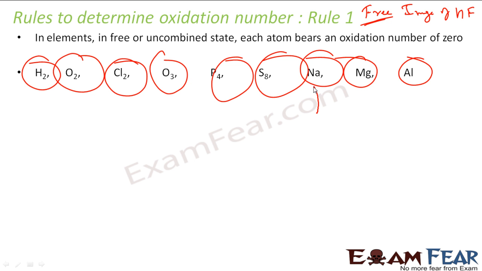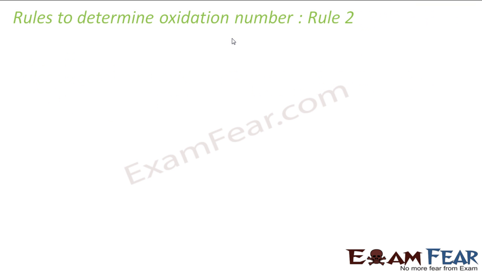So if I am asked to find the oxidation number of sodium in Na, it is 0. Oxygen in O2 is 0. In O3 it is 0. Magnesium in Mg it is 0. Hydrogen in H2 is 0. Right? Free state 0. First rule is done.